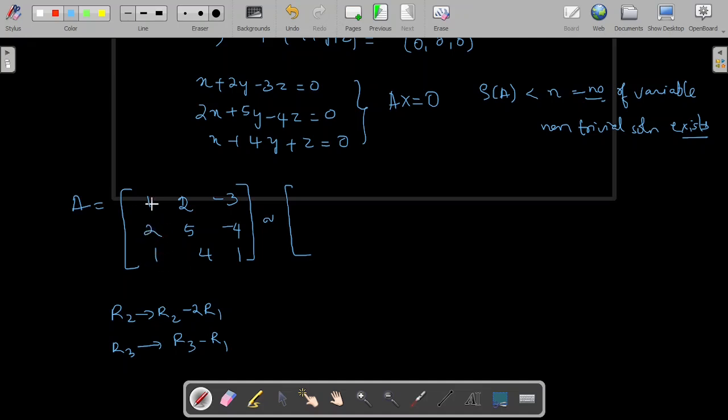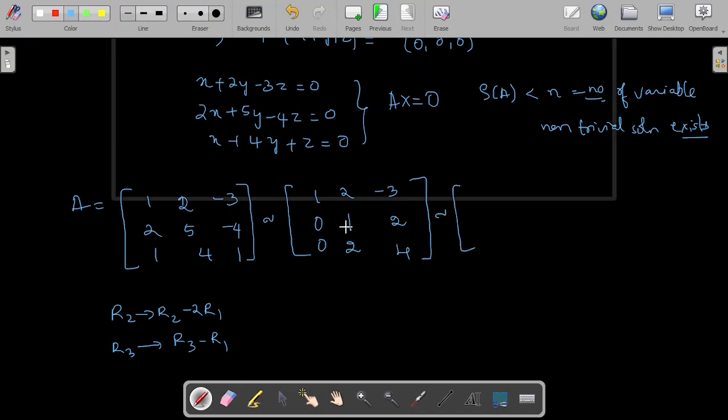So 2 minus 2 is 0, 1 minus 1 is 0. So 1, 2, minus 3; 0, 5 minus 2 into 2 is 1; minus 4 plus 3 times 2 is 2. And here 1 minus 1 is 0, 4 minus 2 is 2, and 1 minus of minus 1 plus 3 is 4.